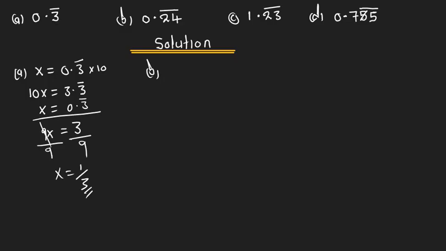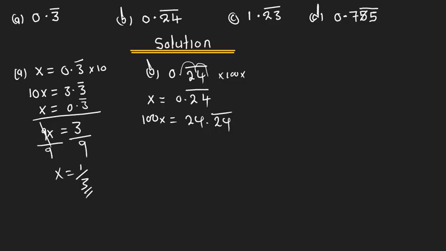B, 0.24 bar. First step: equate to x. How many decimals? Since it's before the bar also, just like this one, how many steps do we need to move to take it at the far end? 1, 2. So I'm multiplying by 100x. If I multiply by 100x, it will be 24.24 because it's repeating.